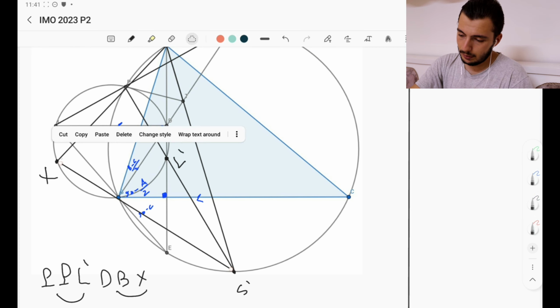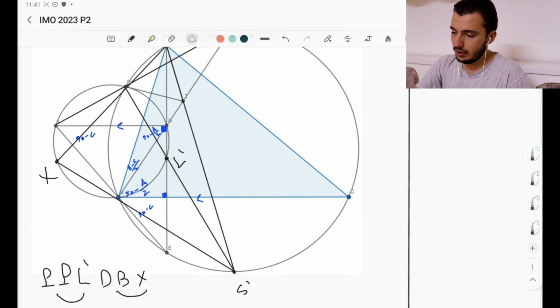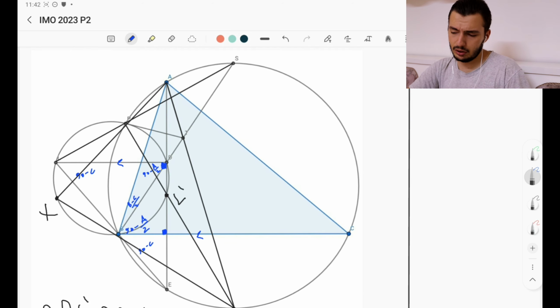All right. How can we now show that these points are collinear? Of course, we need to do some angle chasing, but we have a problem here because we don't know anything about point X. We defined it to be the intersection of the circle and the line AP, which is not a very good thing.